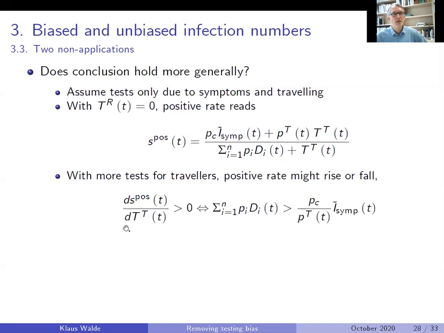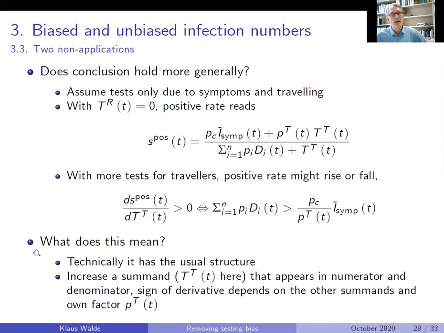And then we ask, when we test more travelers, like in our scenario earlier, does the positive rate go up? And the positive rate goes up if this condition here holds. What is this condition? Well, let's ask, what does this mean?